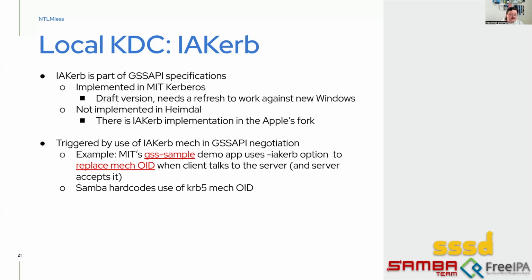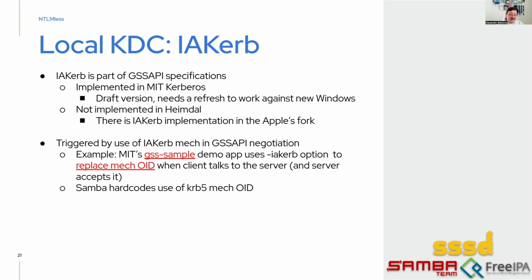If you launch the server with this -iakerb option, you will get the same. Well, obviously, this expects that the application uses this change or accepts this particular mechanism OID in its negotiation.